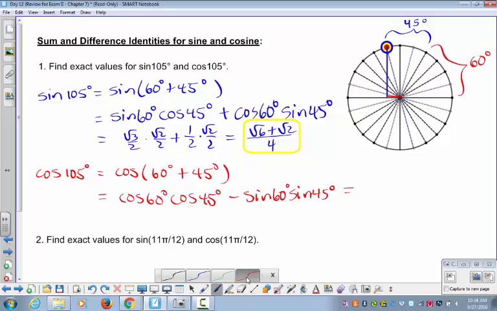Let's just keep going this way. Cosine of 60 degrees is 1/2. Cosine of 45 is root 2 over 2. Sine of 60 is root 3 over 2. And then root 2 over 2. So this gives us root 2 minus root 6 over 4.